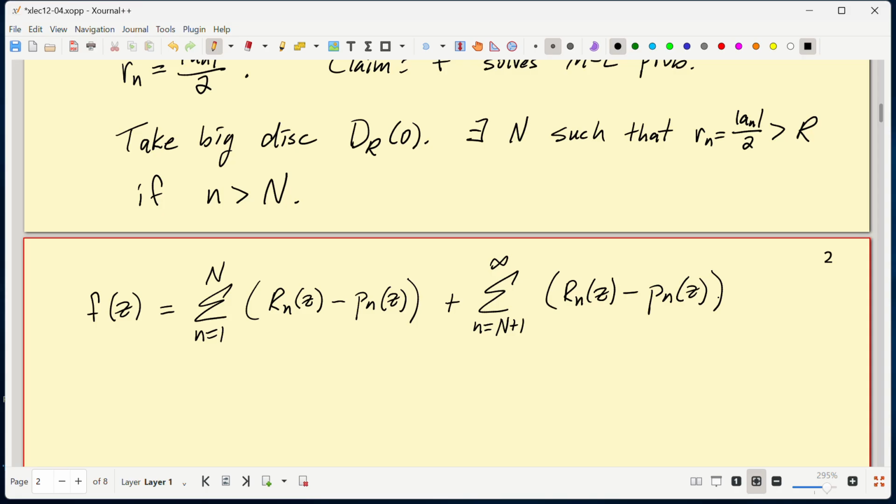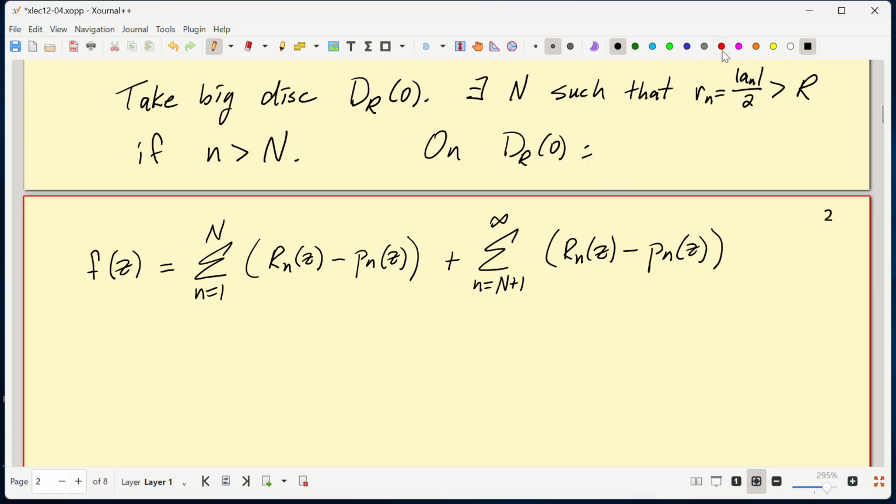So I'm going to look at this on the disk of radius r about 0. This is a rational function, and it has the proper principal parts, at least inside that disk.